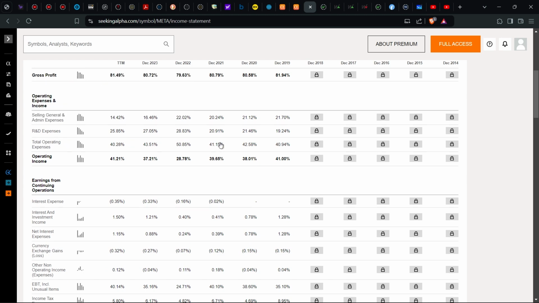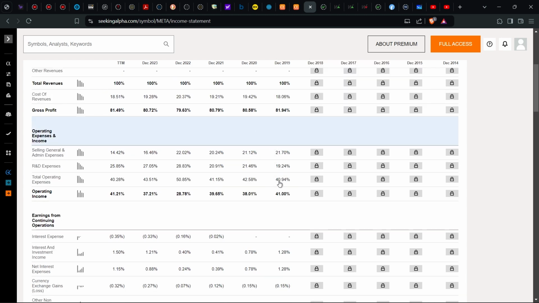So you can see for them, their operating expenses are actually half of the gross profits. 42, 80, 41, 80, 50, 79. This was actually bigger, I mean bigger than half. 43, 80, 40, 81. The total operating expenses for the company usually is half of the gross profit.